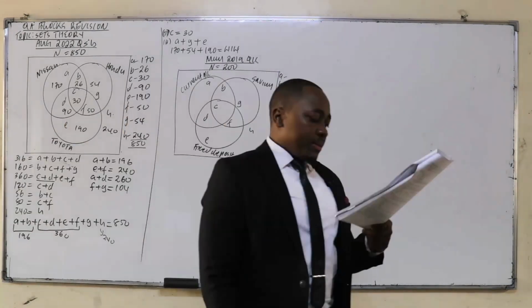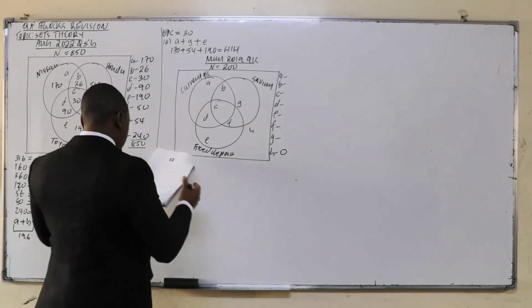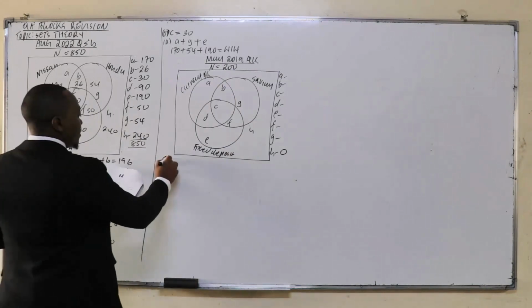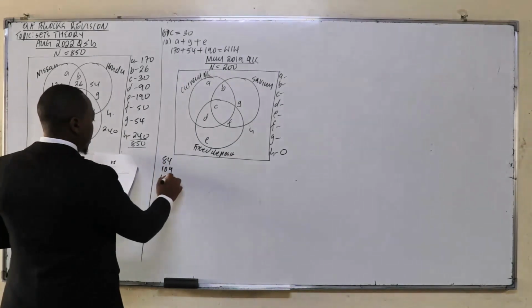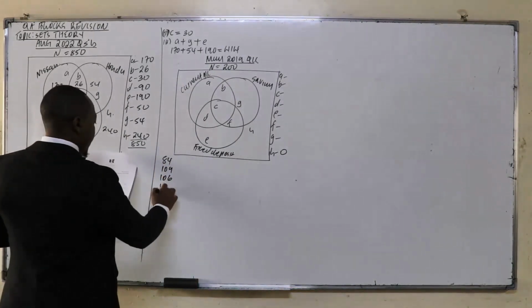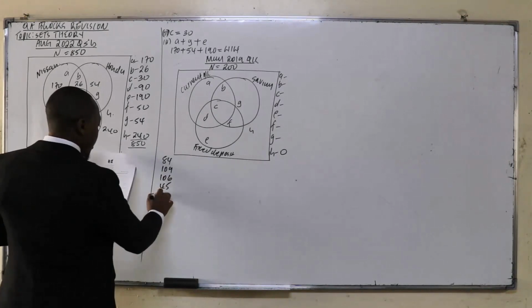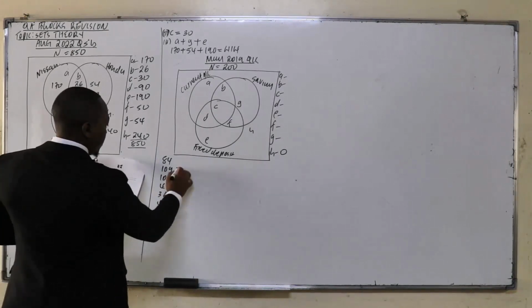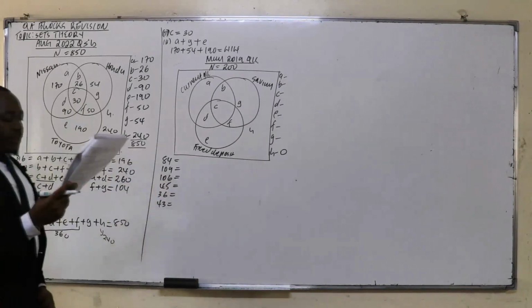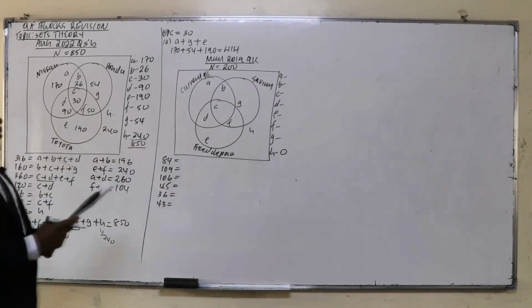Information obtained from the bank indicates that we have 84, 109, 106, 45, 36, and then 43. 84 customers operate savings account.